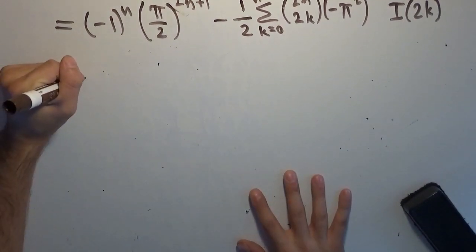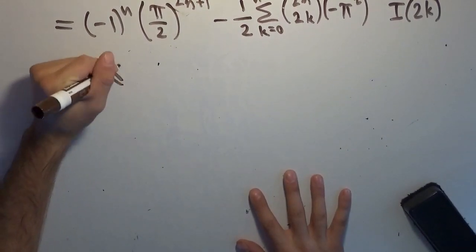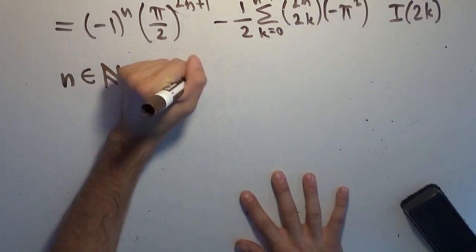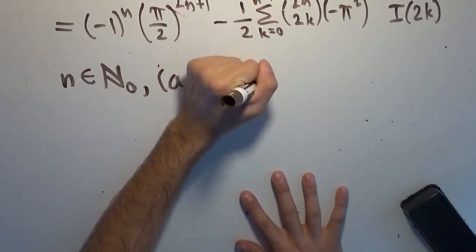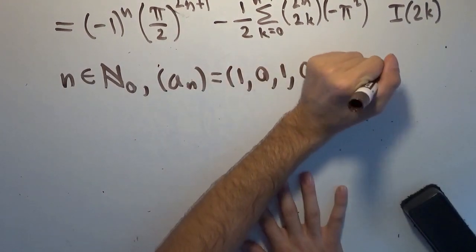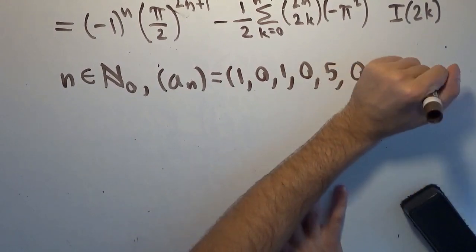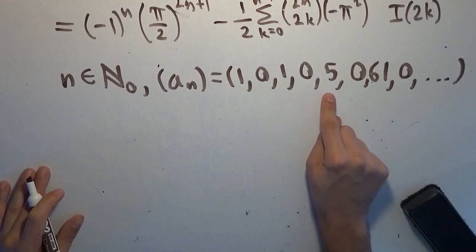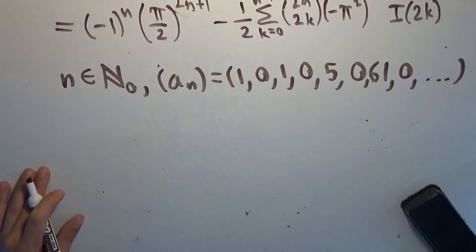For all non-negative integers n, in the set of natural numbers and 0, we define the sequence a_n to be 1, 0, 1, 0, 5, 0, 61, 0, etc. So this was a_0, a_1, a_2, a_3, a_4, a_5, a_6, and a_7, and so on.